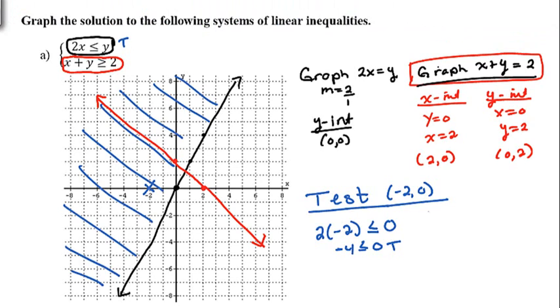Now we want to test the point (-2, 0) in our other inequality. So replace the x with negative 2 plus 0 for the y. Is this greater than or equal to 2? Negative 2 is not greater than or equal to 2, and so that gave us a false statement. So for the red line, we want to shade the side where we didn't put the x. The x is right here, so we have to shade this side.